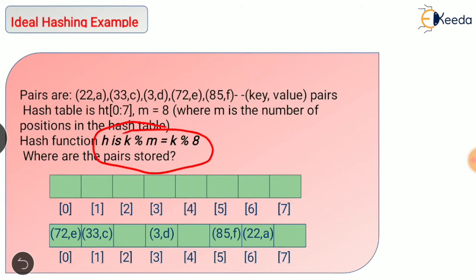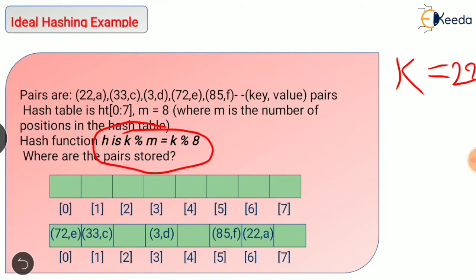Suppose let us take the example of the first pair that we have of key and value, that is 22, A. Now 22 is the key, right? So I'm writing here, that is k = 22, and it's taken mod 8.